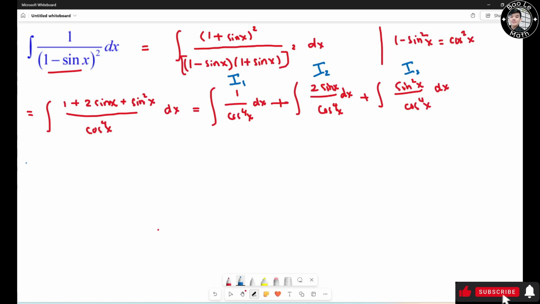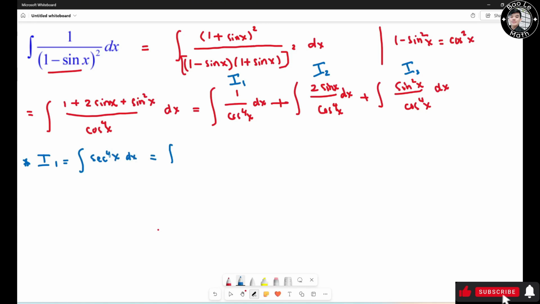So the first one, I1 equals 1 over cosine to the 4 of s. You know that 1 over cosine s equals secant s, so this is the same thing as secant to the 4 of s ds.